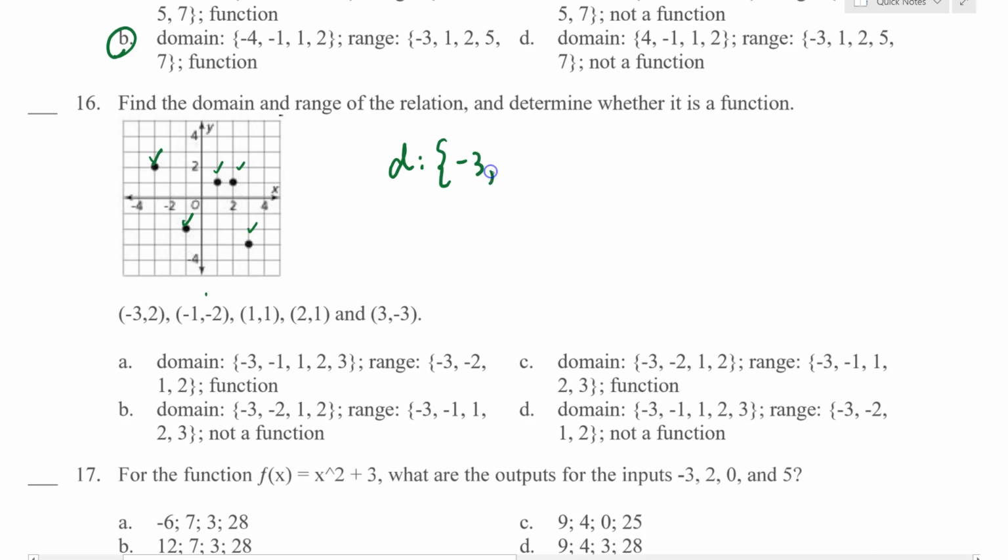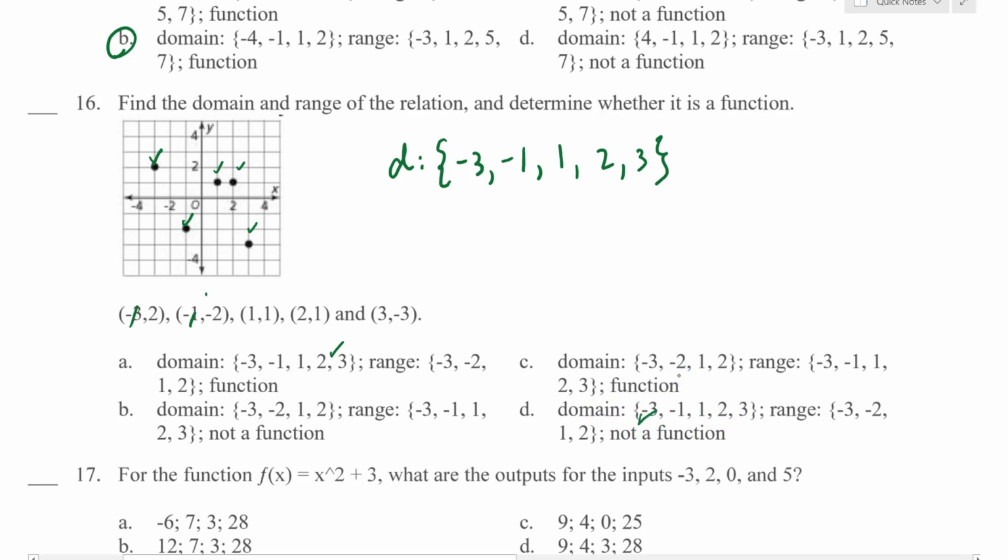Negative 3, negative 1. So I've used that one. Negative 1. 1, 2, 3. So which of these gives you negative 3, negative 1, 1, 2, 3? So it looks like it's A, negative 3, nope, it's not this one. Negative 3, negative 1, 1, 2, and 3. So it's this one too.